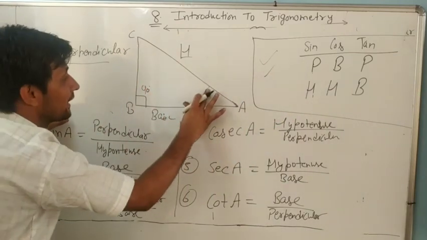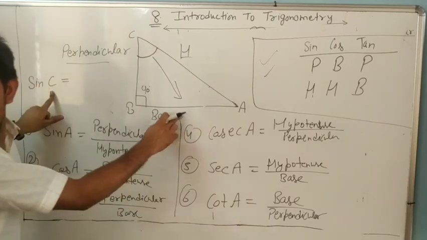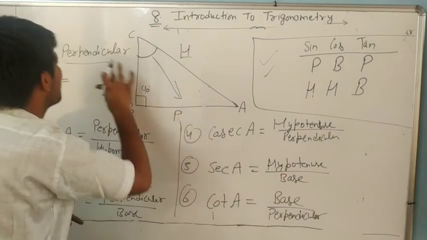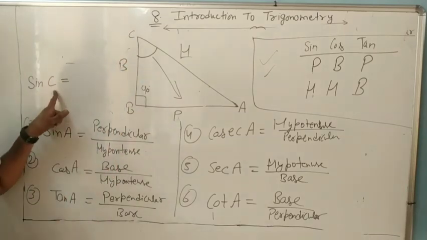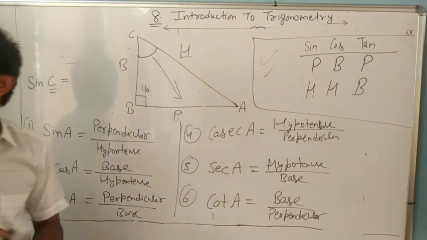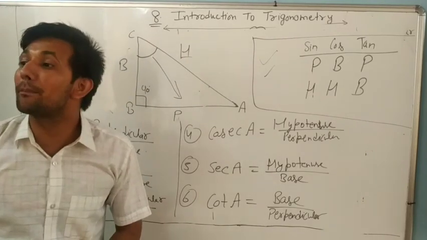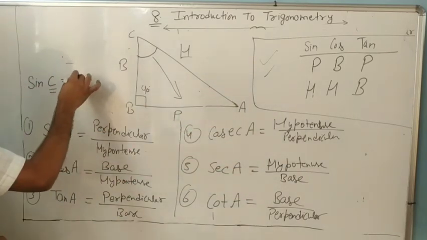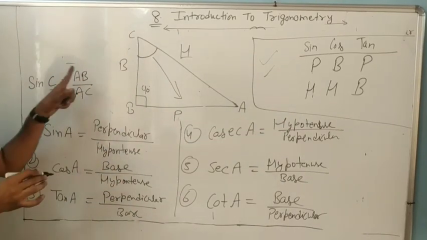If we take angle C, then the opposite side of the angle becomes the perpendicular, and it is not the base now. Always remember the angle you are taking. Opposite of the angle is always perpendicular. Perpendicular how much? AB divided by hypotenuse AC. So sin C is AB by AC.